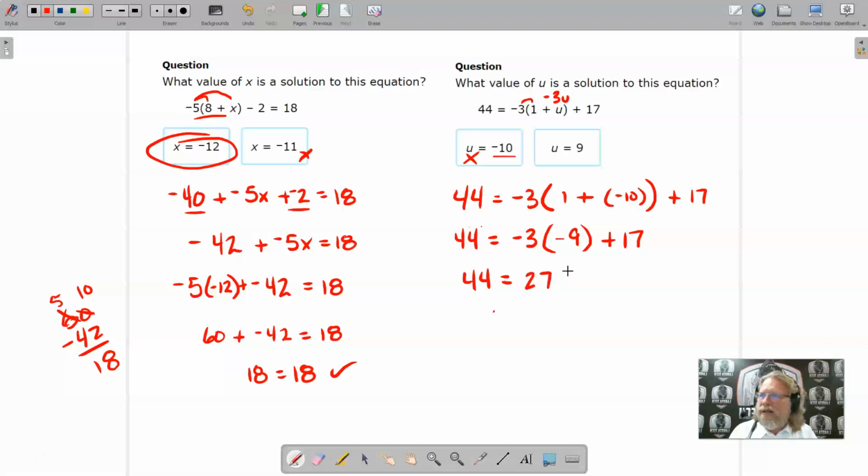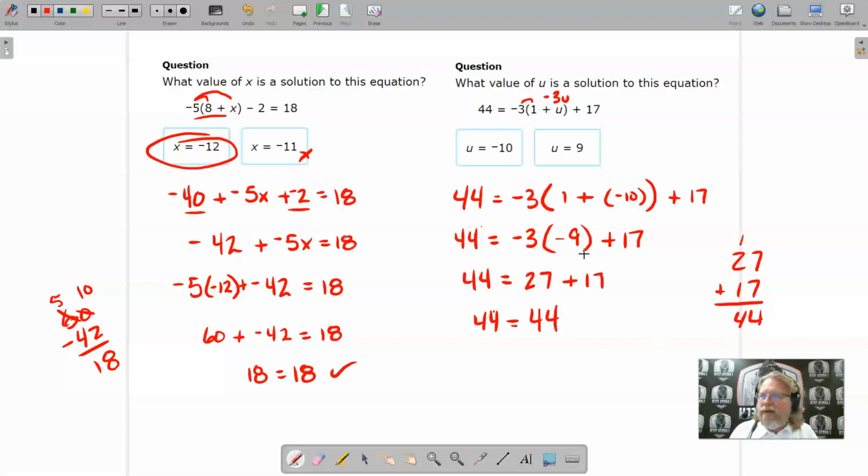Oh, that's going to work out. Yeah, so I messed up. I plugged in negative 10. Remember, we plugged in negative 10, so my math was wrong that first time. It looks like this is going to work out. So plus 17, and 44 equals 27 plus 17, which is 44. Indeed it equals 44.